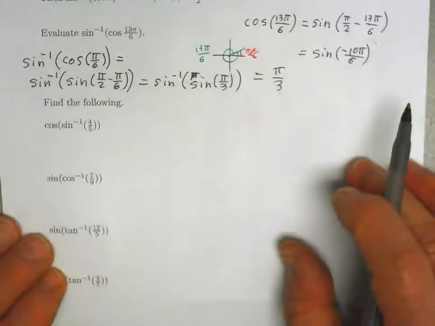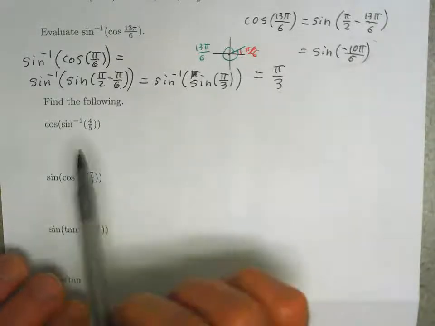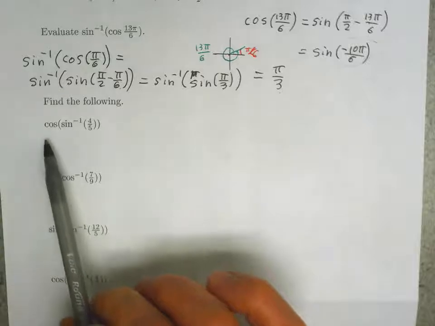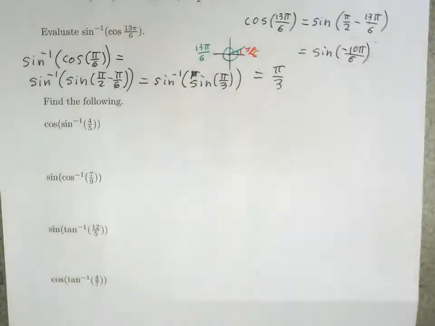Okay, let's do some examples where we could use triangles. We just have a couple of minutes left. Find the following: the cosine of the inverse sine of 4/5.